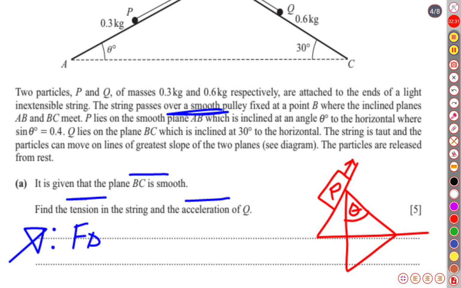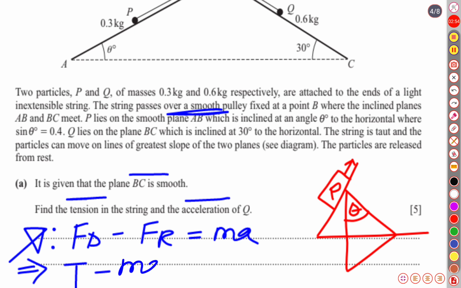Driving force minus resistance to motion is mass into acceleration. Well, driving force for P is nothing but tension, because when the particles were released, P is moving up. That's why tension is the driving force for P. And the resistance to motion is nothing but weight component, because the surface is smooth in both cases.